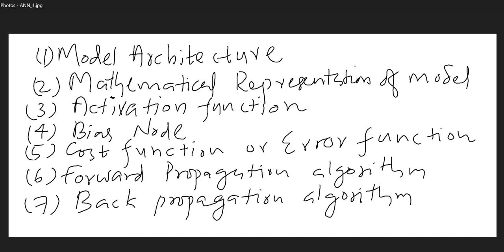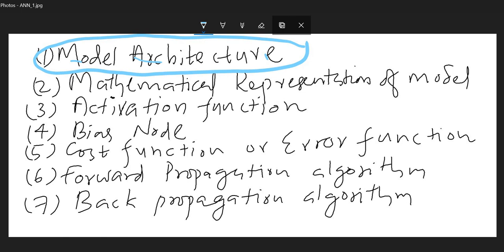In this video we covered only the model architecture. Six more sections we have to understand.